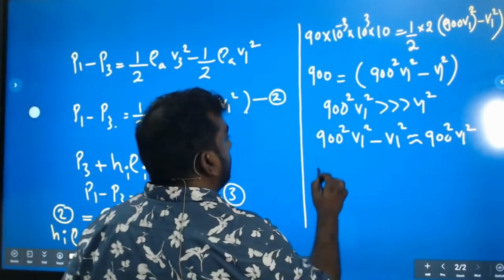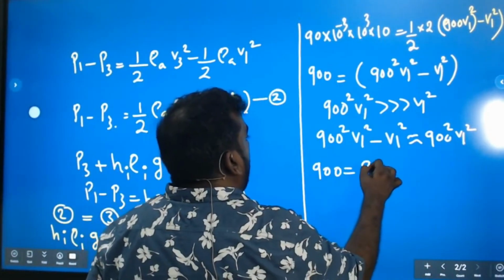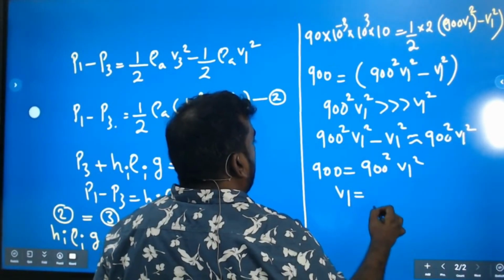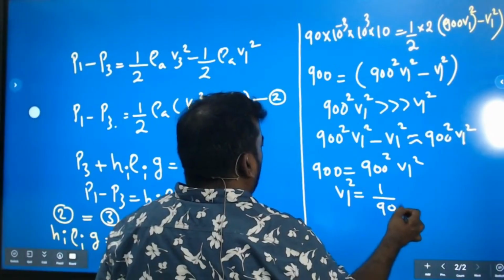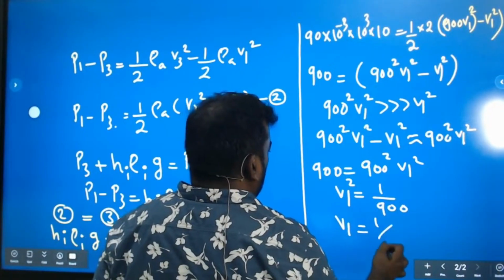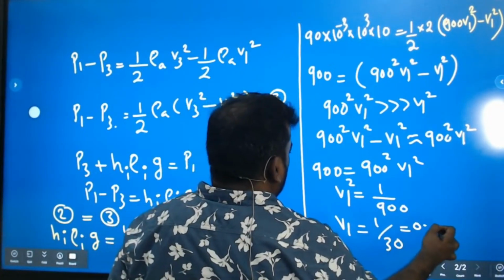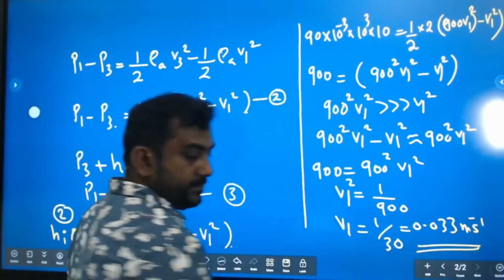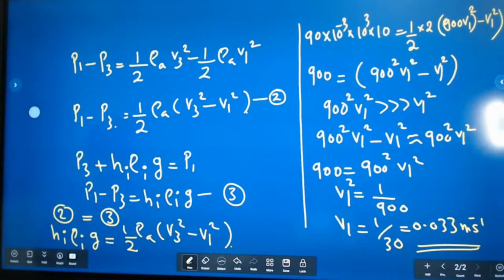Substitute: 900 equals 900 squared V1 squared. The 900 cancels off, V1 squared is 1 over 900, V1 is 1 over 30, which is 0.033 meters per second.